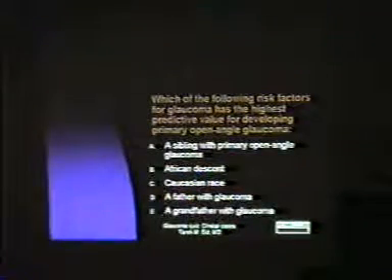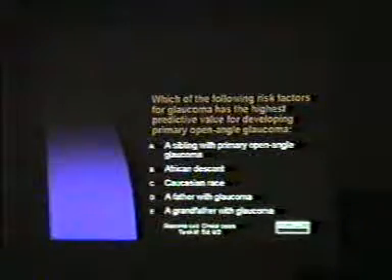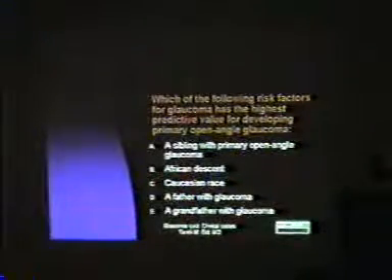A is true, because I didn't tell you that the odds ratio in the Framingham study or Beaver Dam study in Australia found that, in this order, the odds ratio for predicting glaucoma was: first sibling with glaucoma, again a first degree relative, and then the parents.